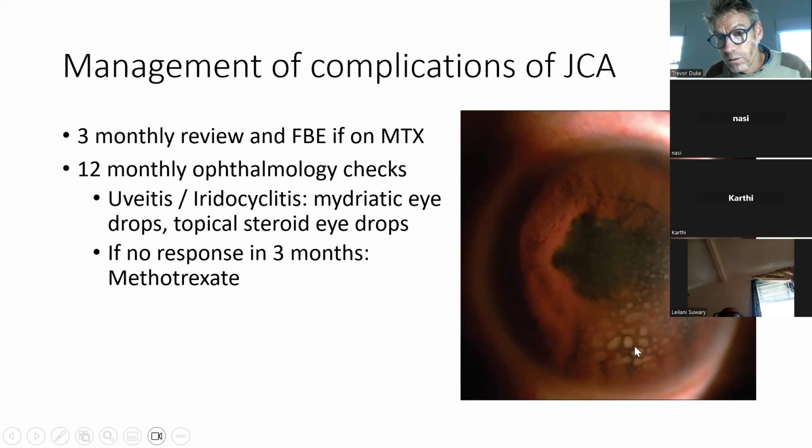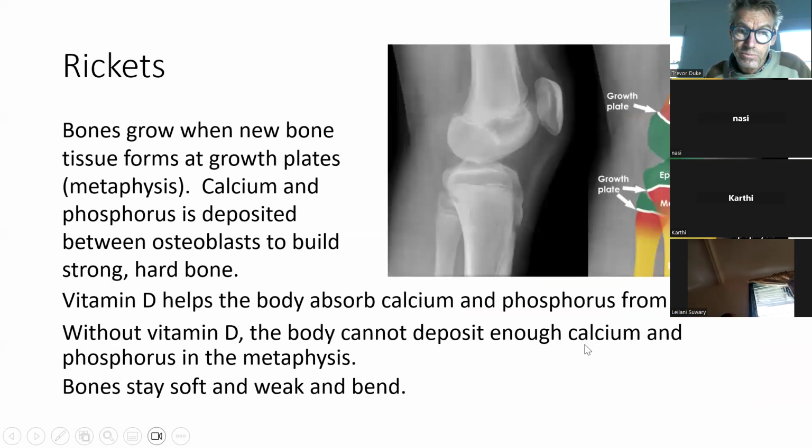It's an inflammation of the iris of the eyes that occurs in some children who've got JCA. For these children, you use topical corticosteroid drops, and sometimes we use methotrexate. Most of these patients are on methotrexate or some other disease-modifying agent. Okay. That's all I want to say about JCA.